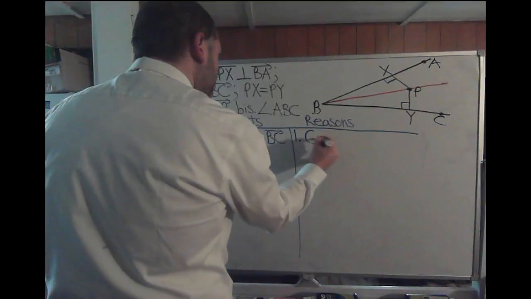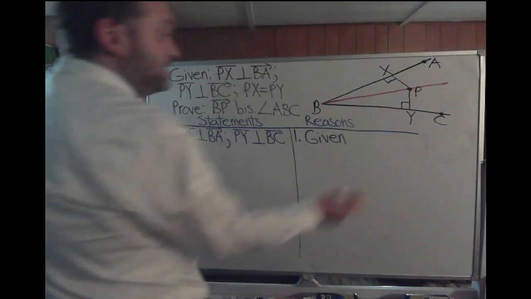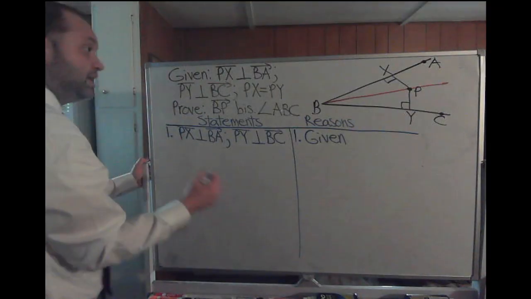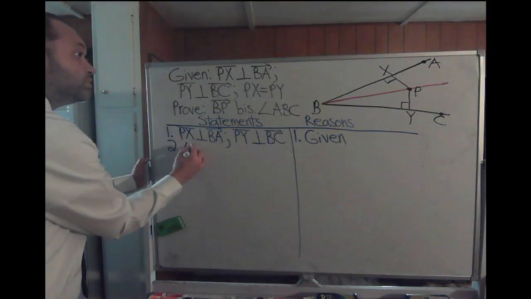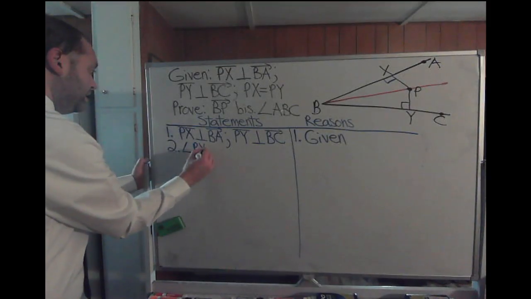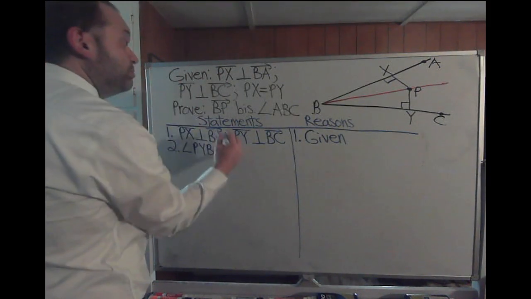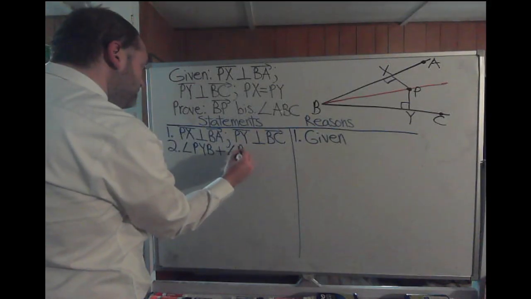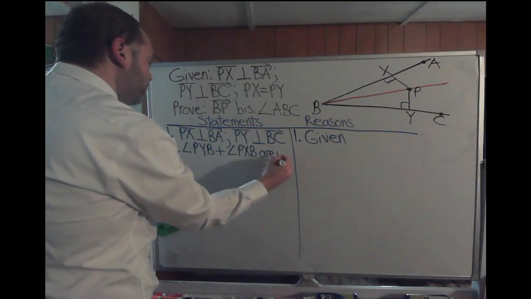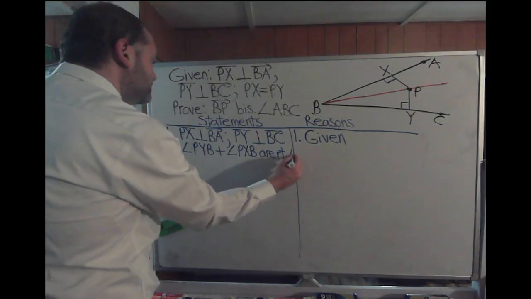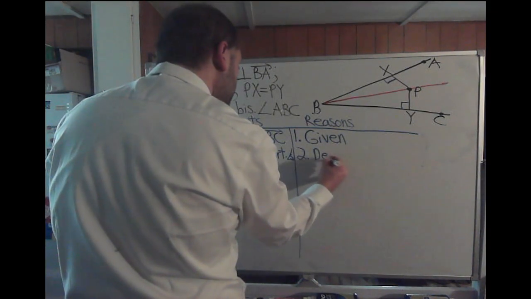That was given information, which then by the definition of perpendicular lines, means that angles PYB and PXB are right angles. That's by the definition of perpendicular lines.